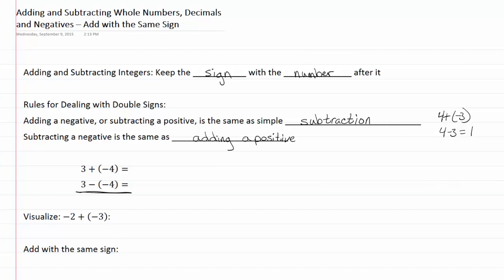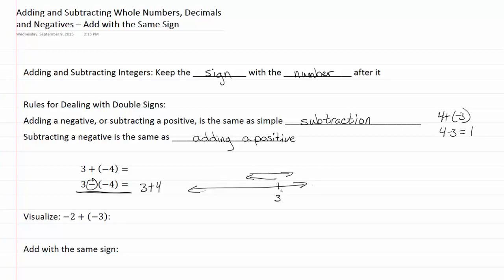Because what happens here is that when we look at this number, we're starting off, if we were looking at a number line, with 3. It says we're going in the negative direction, that would be this negative here. But then we're subtracting a negative 4, which means we end up going back the other direction from here, and so we actually have 3 plus 4.